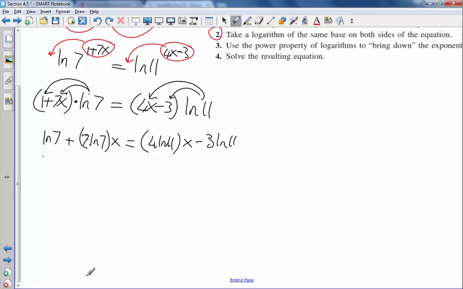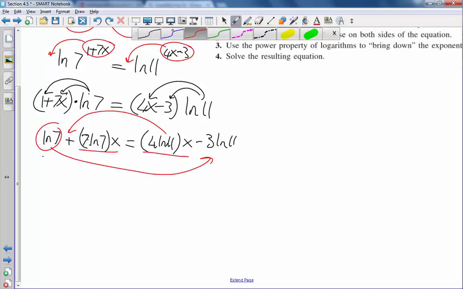Agree? Now where are my x's? Here and there. They must come to the same side. Either you bring this to the left, or this to the right. I like left. So I will move this next to here by flipping the sign of it, or subtract the same quantity from both sides. And I will bring this guy to the number side by subtracting ln 7 from both sides.